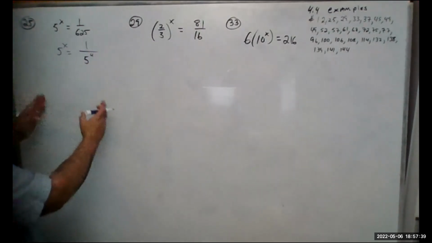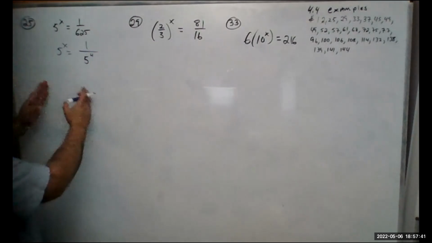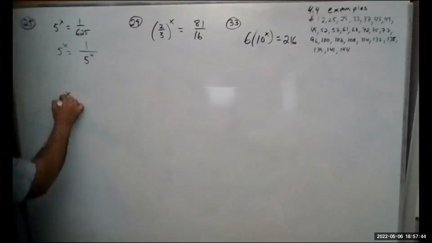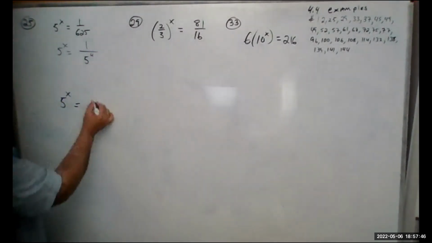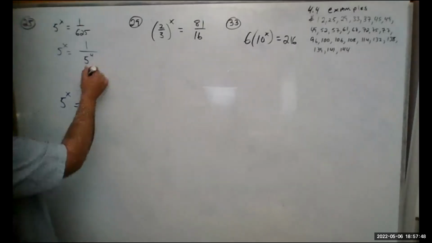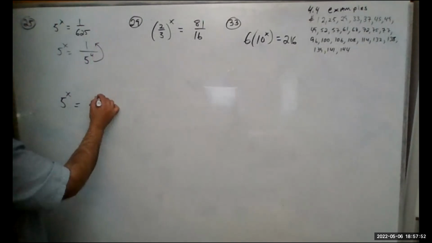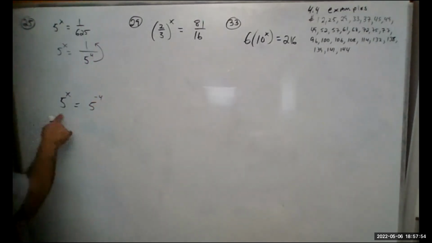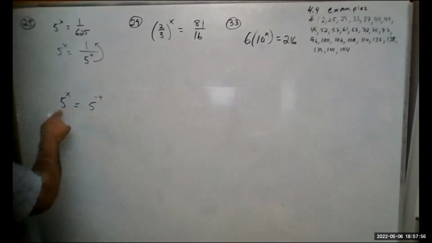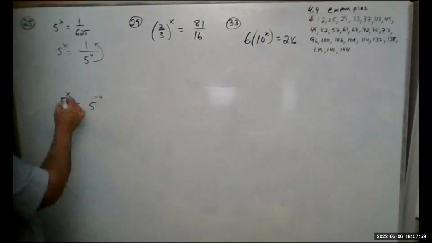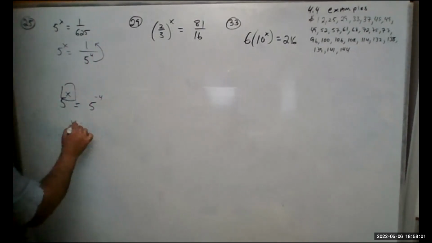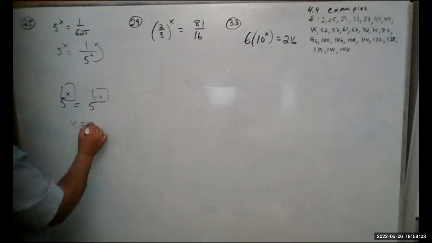The same base means they both have to be 5. So it has to be a 5 to the x, and this has to be a 5 to a power. So if you have 1 over 5 to the 4th, you can flip this up by making it 5 to the negative 4. Now you have the same base on either side. 5 to the x equals 5 to the negative 4. So this x is equal to that negative 4.